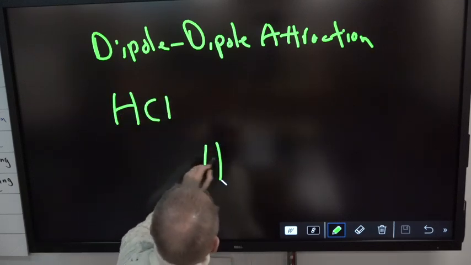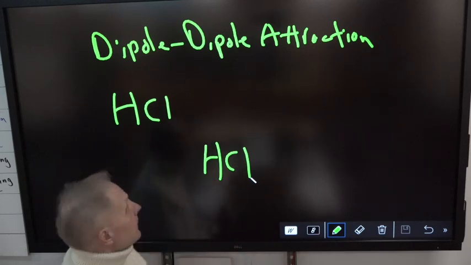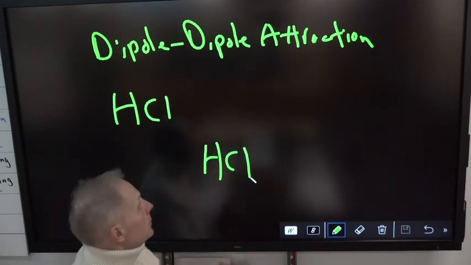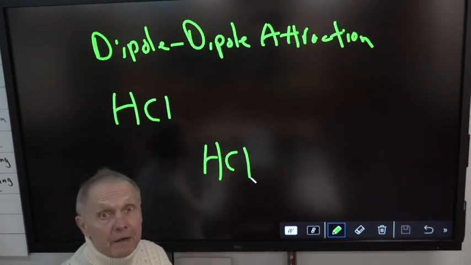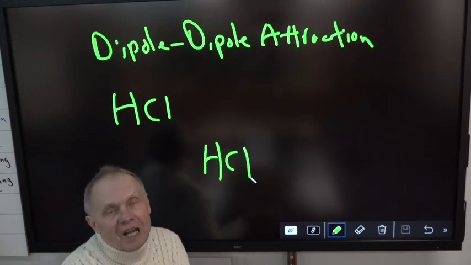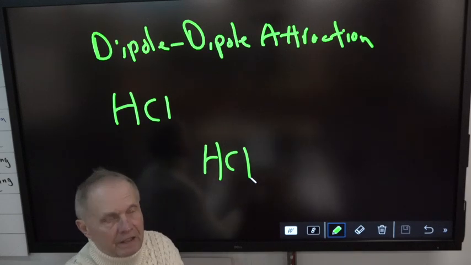If I had HCl, well, you know that these are two non-metals, and chlorine pulls harder than hydrogen, so it's a polar molecule. And remember, polar molecules can be called dipoles, two poles, positive end, negative end.